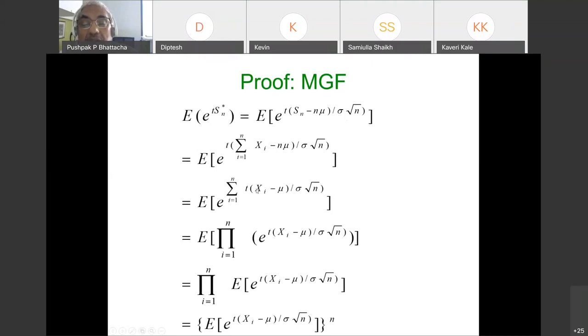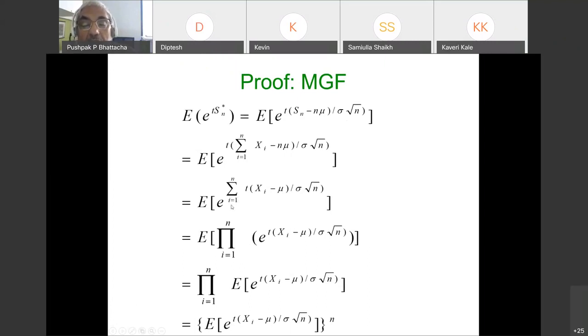So this t can come inside the summation: t into xi minus mu, going from 1 to n. Mu is a constant, so summing it from 1 to n will make it n mu. So these two expressions are equivalent.